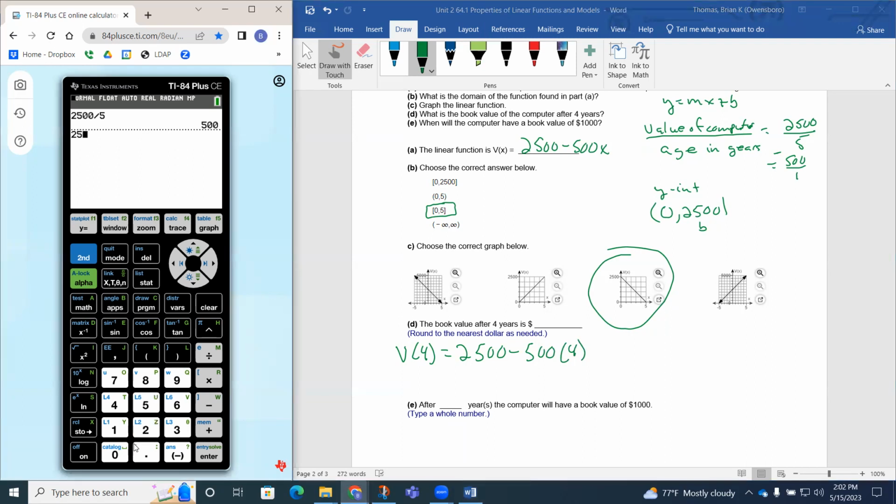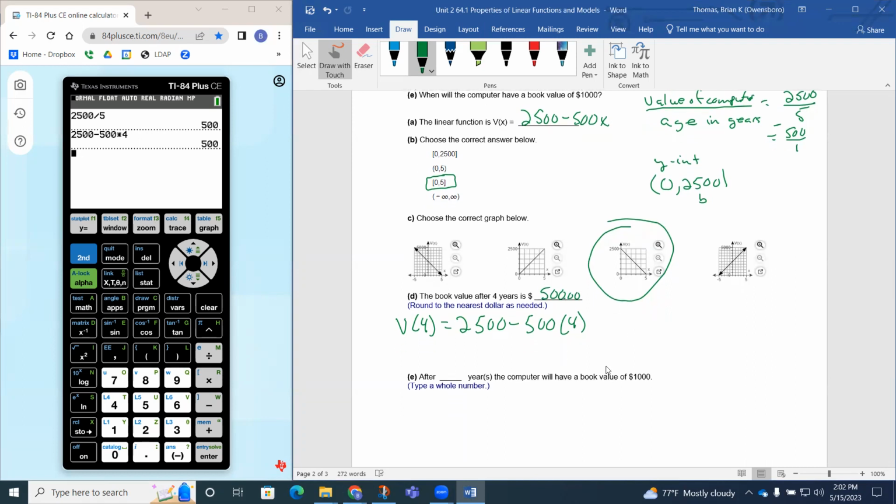So 2,500 minus 500 times 4, which is 2,000. So 2,500 take away 2,000 should be 500. So after 4 years, the computer will only be worth $500. A lot of times people won't even buy a used computer from you because it's so obsolete.